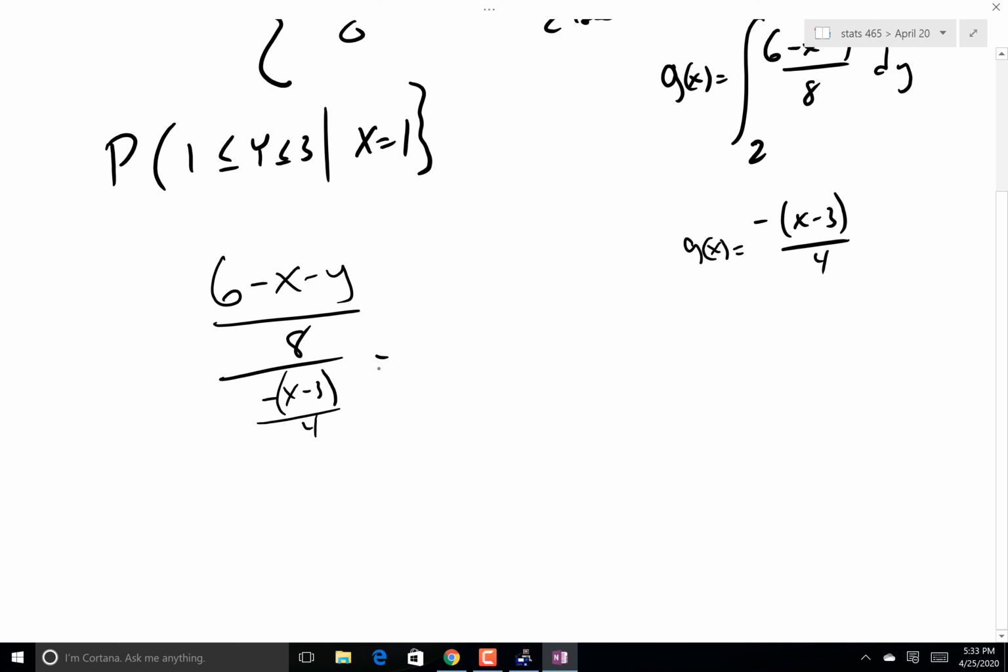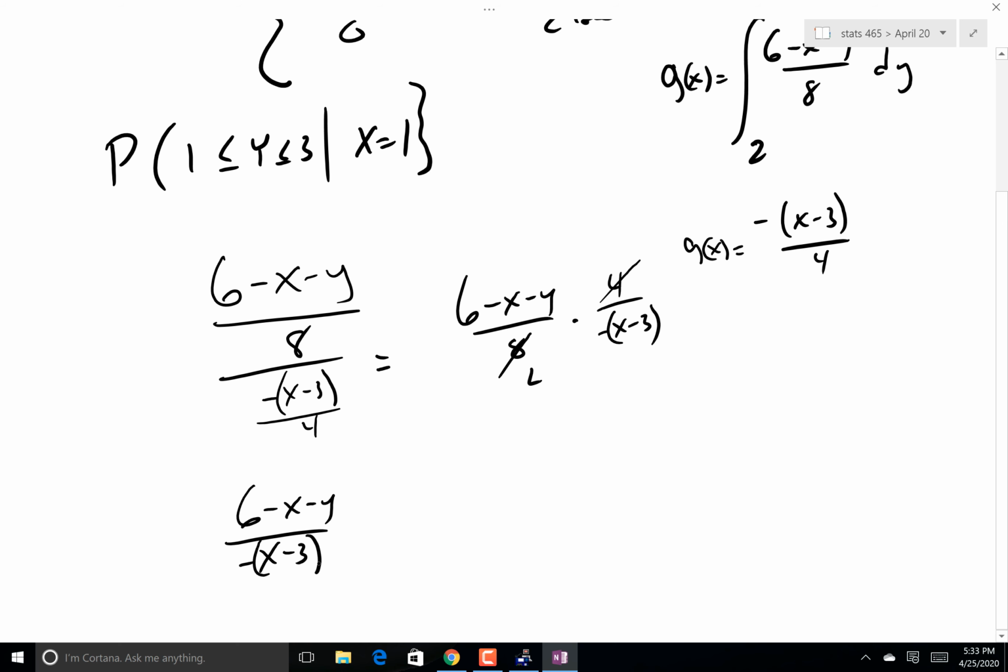And if I clean that up a little bit, I'll get this minus this over this times this over this. And so I'll end up with 6 minus x minus y over negative x minus 3.